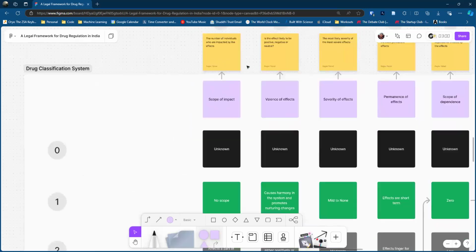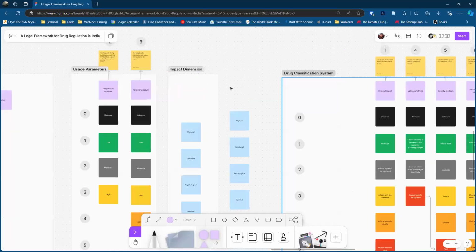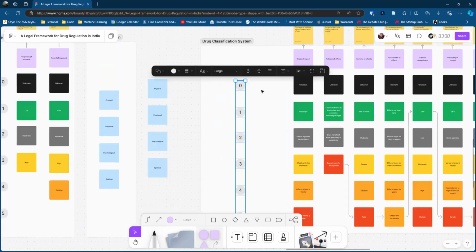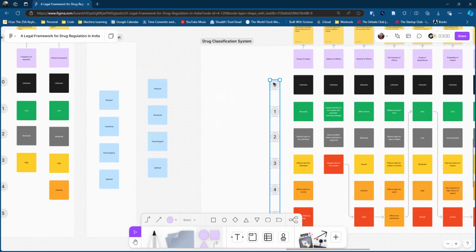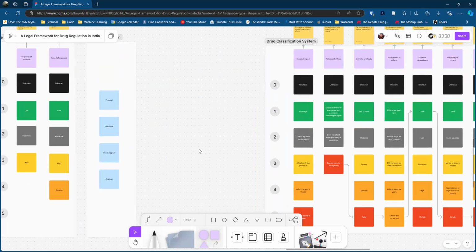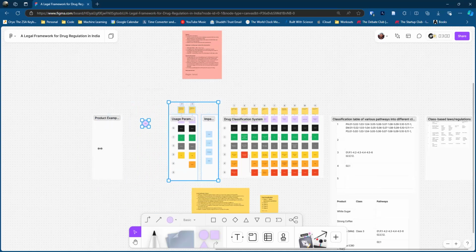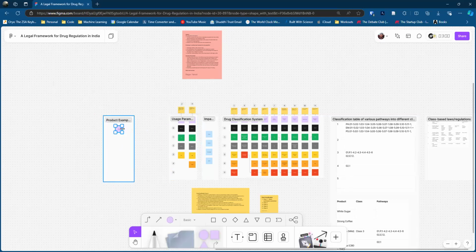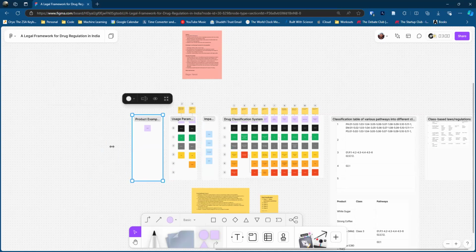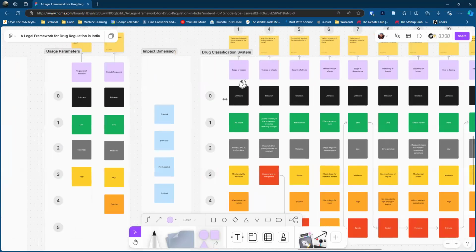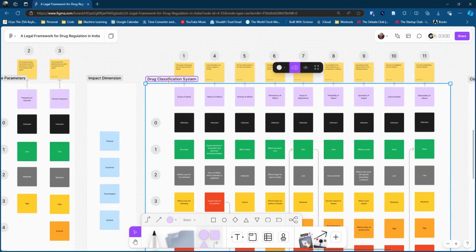Scope of impact, balance of effects. Impact dimension. So this one, instead of drug classification, will just be impact.